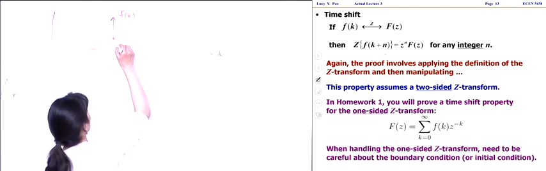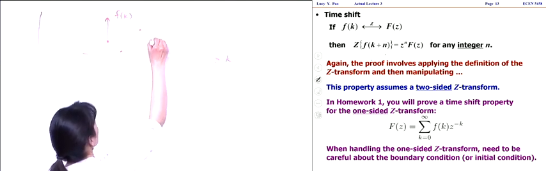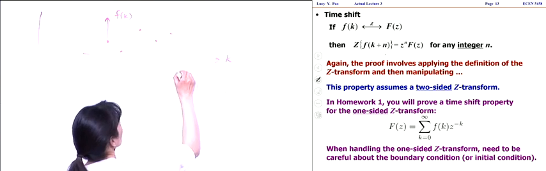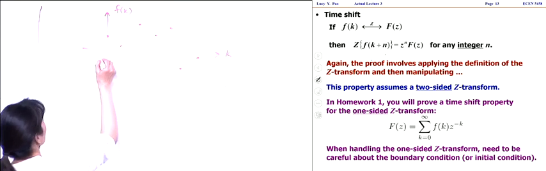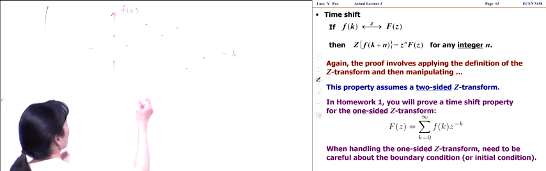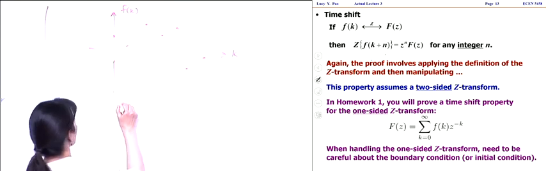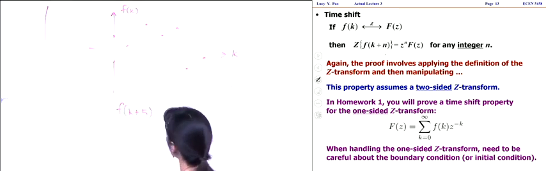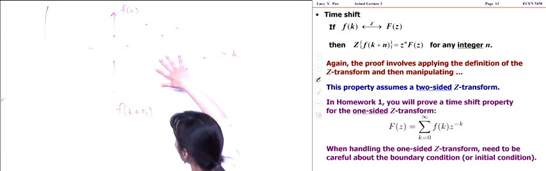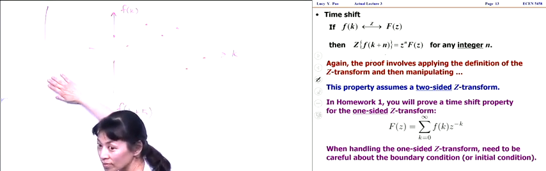So let's say whatever it is, like that. So let's say that's f of k. Then if I wanted to plot f of k plus 5, say, do I take these points, shift them to the left, or shift them to the right?